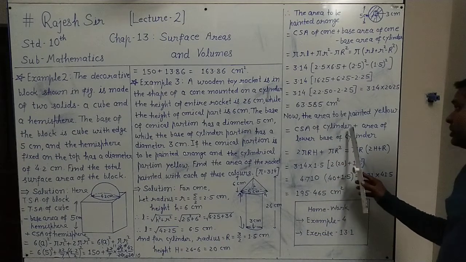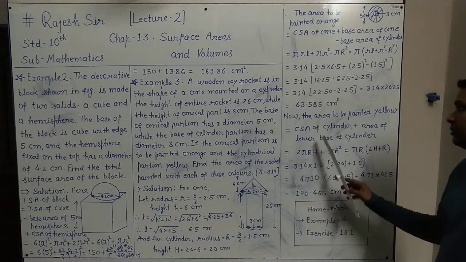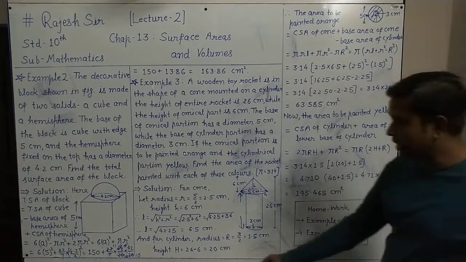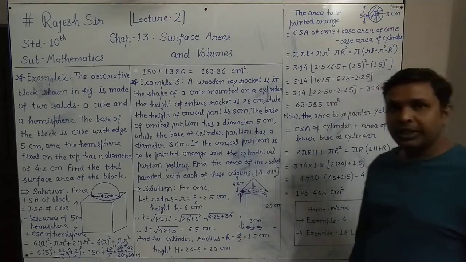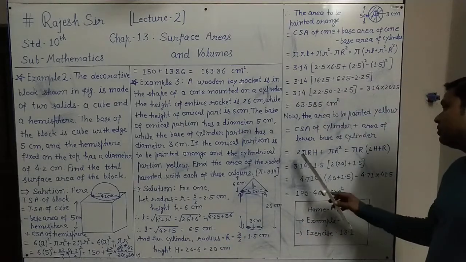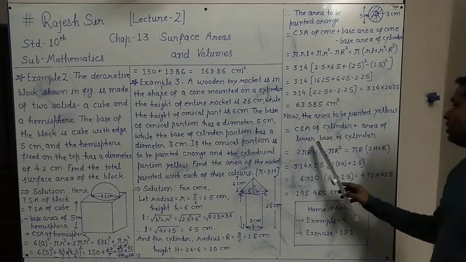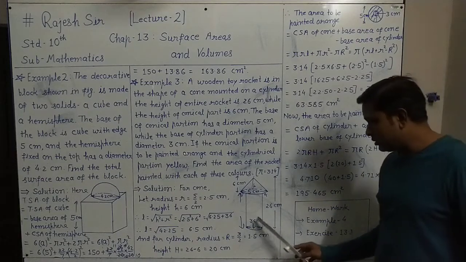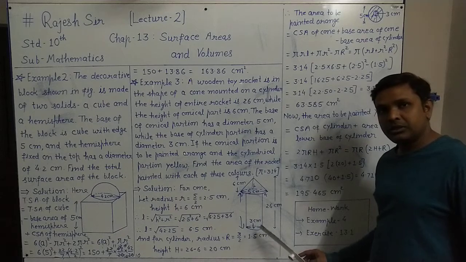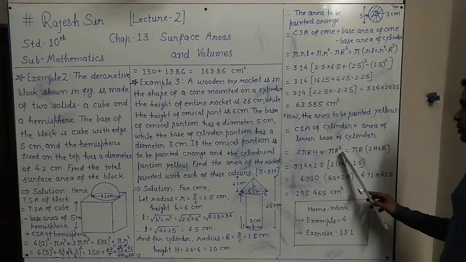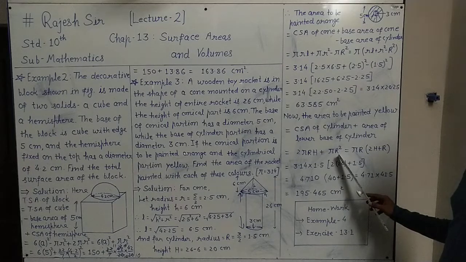So CSA of cylinder is 2 pi R H. For the cylinder the radius is capital R and the height is capital H, as we have noted in the particular question. So 2 pi R H is the CSA of cylinder, plus the area of the lower base. The lower base is a circular part, so its area is pi R square with the radius as capital R.